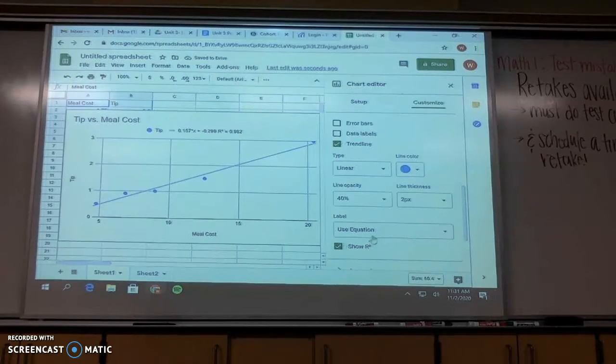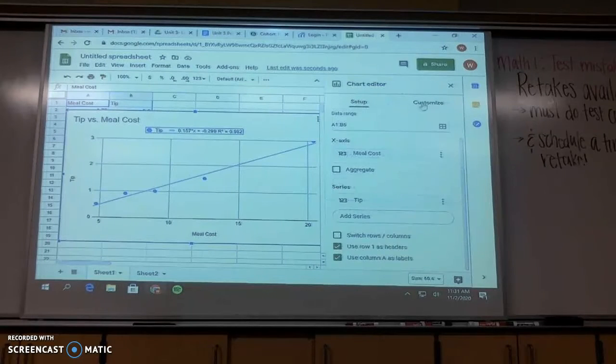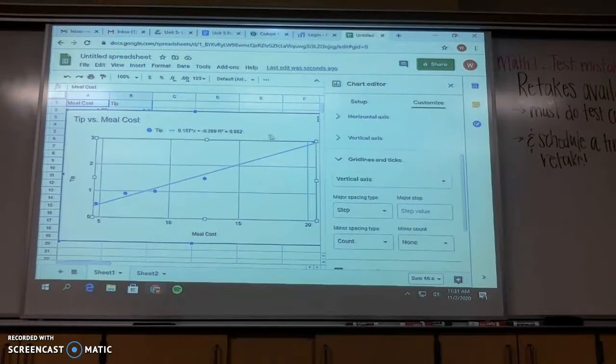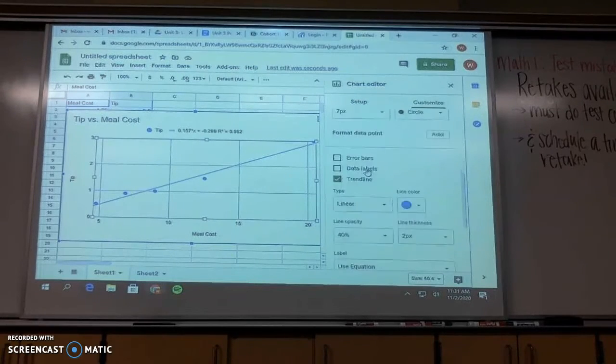The use equation is this up here. Where'd that go? Series. There we go.